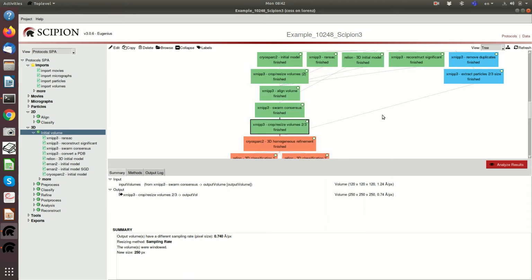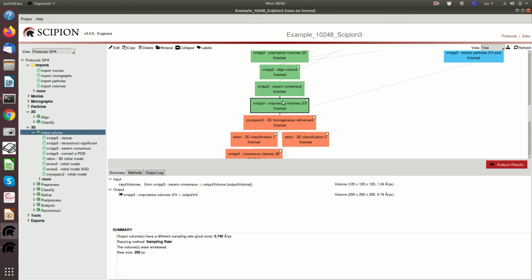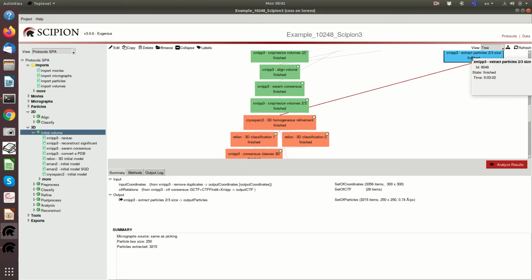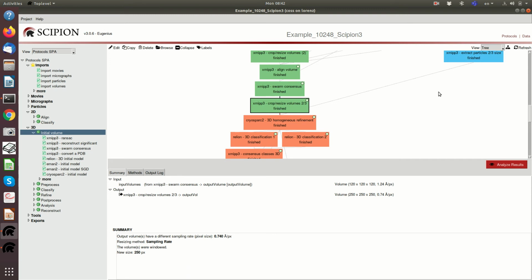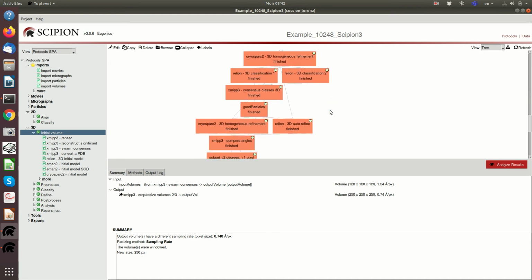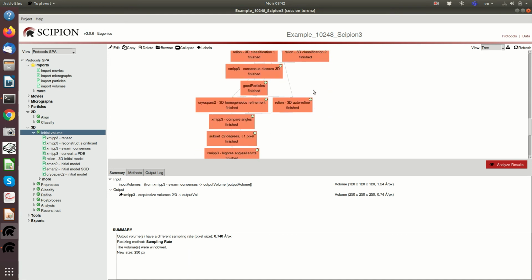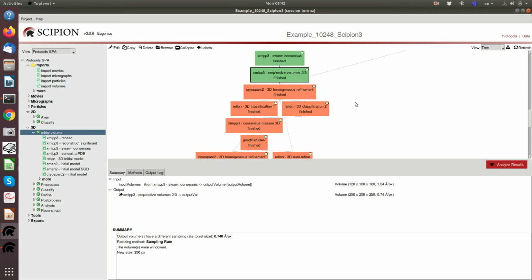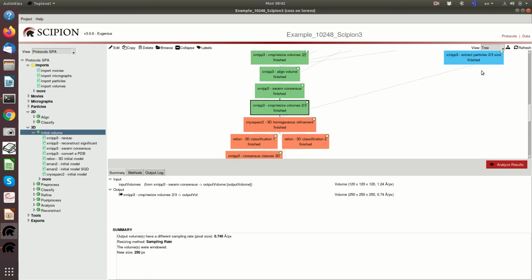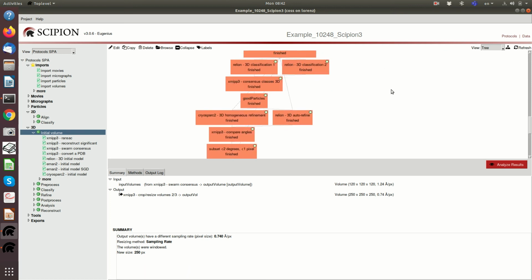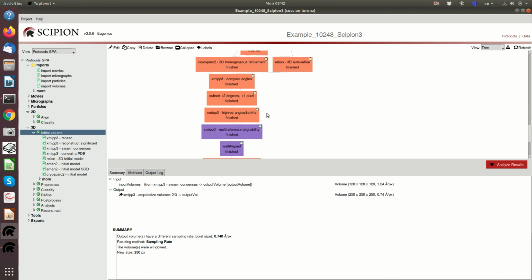So at this point in the workflow, we have a set of particles extracted at a particular size, and an initial volume at a similar size. Let's stop here, and in the next part of the tutorial we will try to clean this set of particles, now in 3D, and then make a 3D reconstruction out of it.